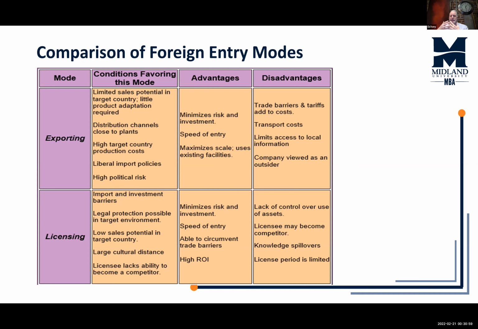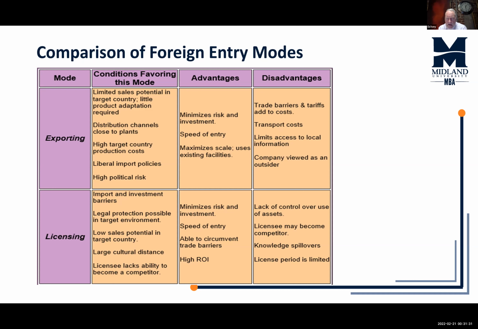Anytime that there is a disconnect in that cultural difference or distance, it may be better for you to actually license your business practices. And as well, if the licensee, the company that you are licensing to, lacks the ability to become a competitor. However, that's a very slippery slope.